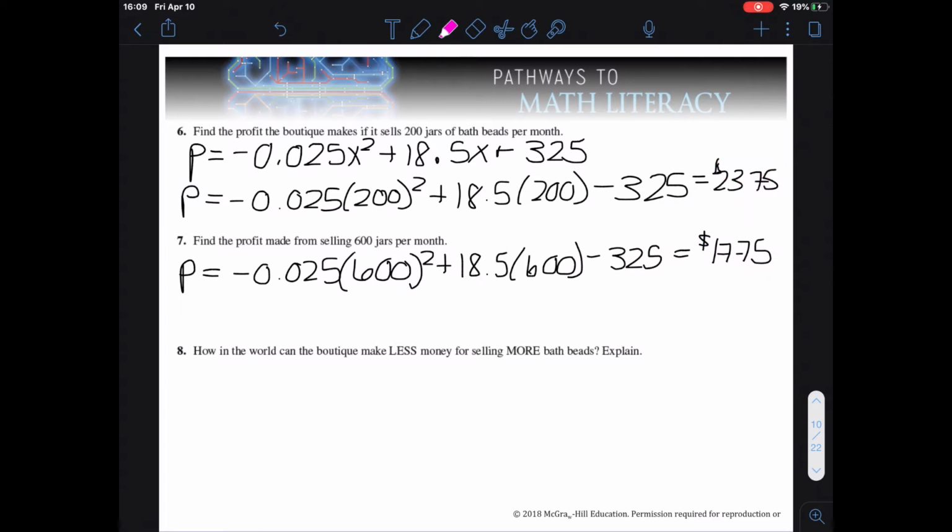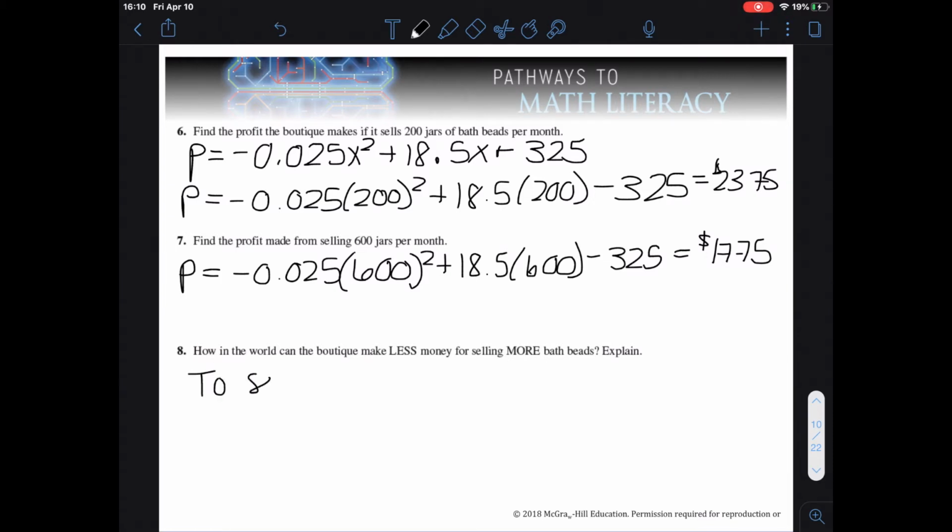And so there's a particular reason why this happens. To sell jars, you had to lower the price. And because you're lowering the price, you're not making as much profit per jar. So because of that, overall, I'm not getting that same amount. It's going to be better for me to sell the 200 to make more money.